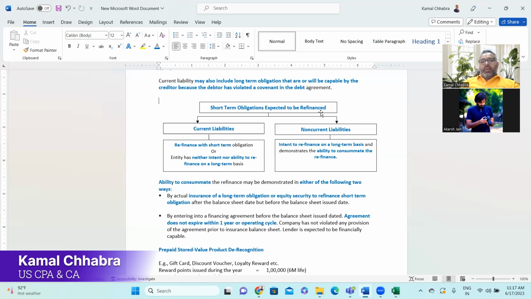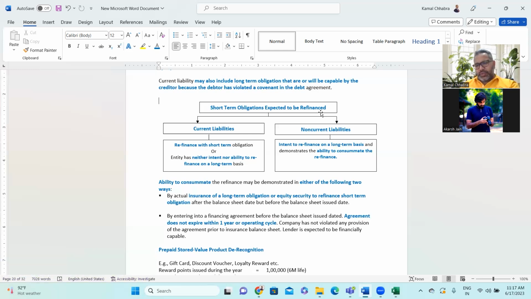Second side, when you have intent to refinance on a long-term basis and demonstrate the ability to consummate the refinance. For example, you have a working capital loan of $100,000 that you are planning to refinance on a long-term basis. Currently, working capital loans are generally expensive, for example 7%, and parallelly you are in talks with another bank to take a long-term loan.